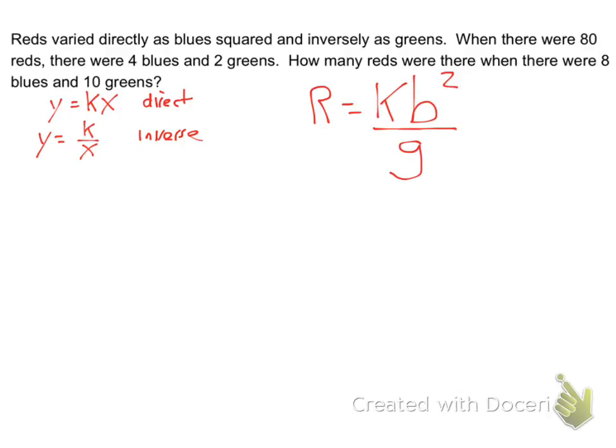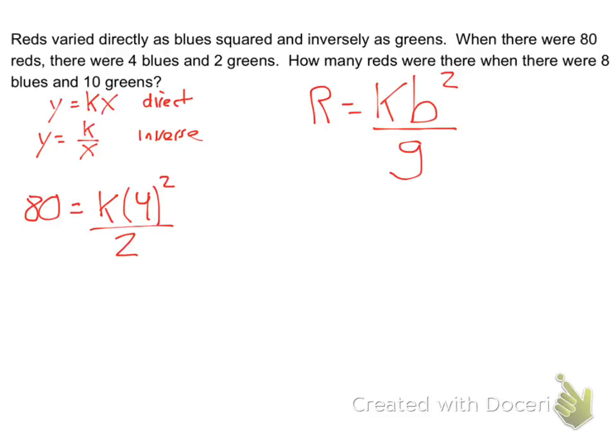If you look at our information, we now know reds, blues, and greens. If you fill in all three of those spots, the only thing left is k. Solve for it. Fill it in. How many reds? 80 equals k times how many blue? 4 squared over greens 2.